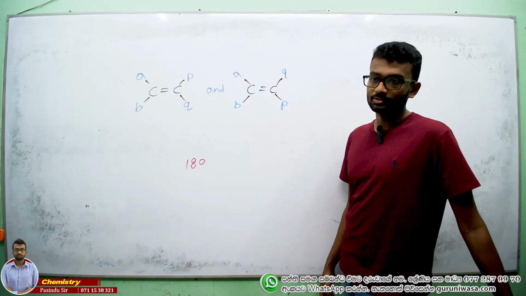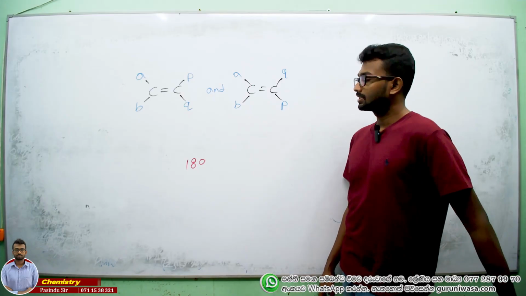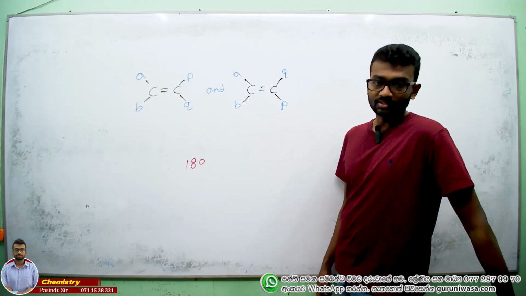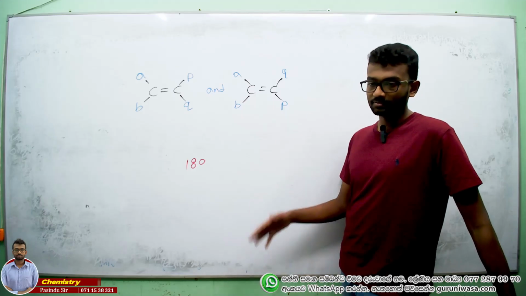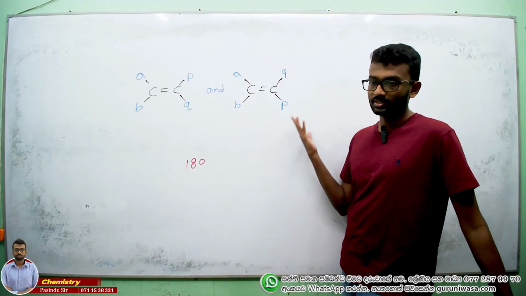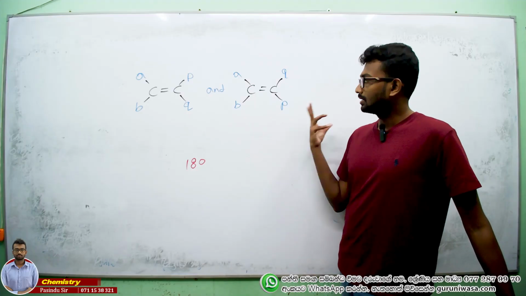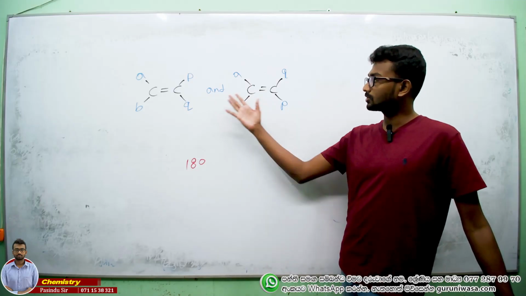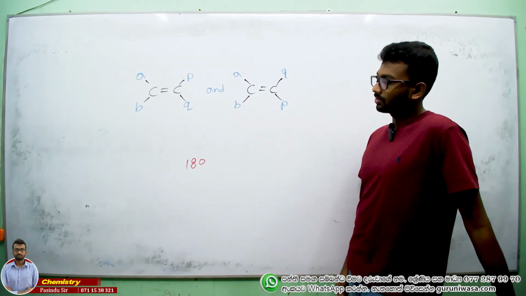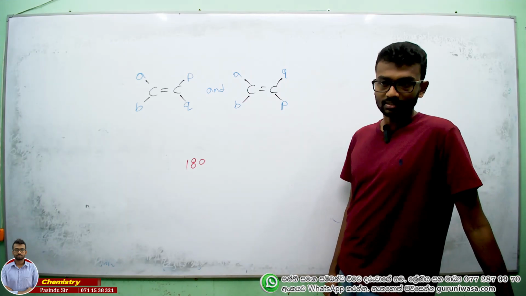If it can superimpose, it's not a stereoisomer. The main character of a stereoisomer, whether diastereomer or other type, is that it's not superimposable. So can you superimpose these two? No, we cannot.